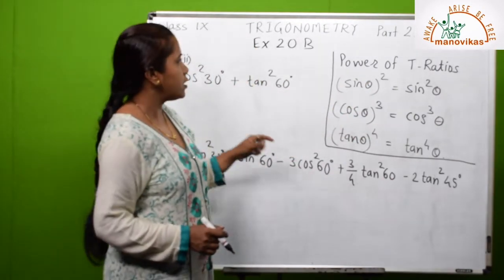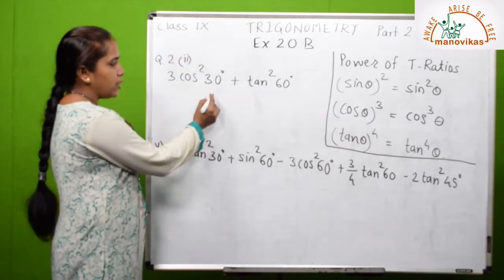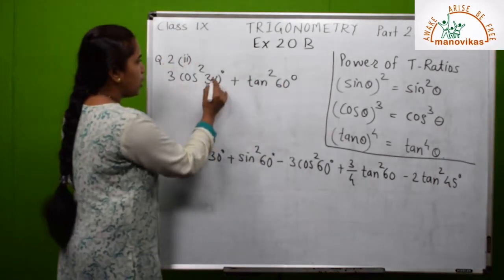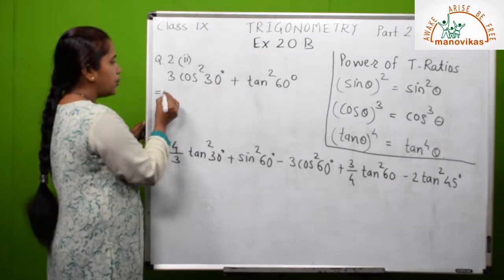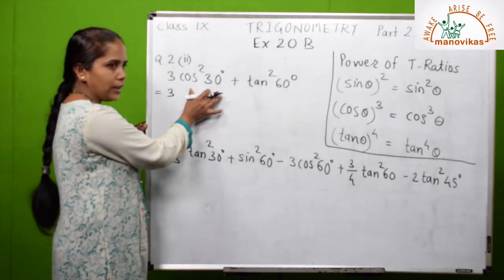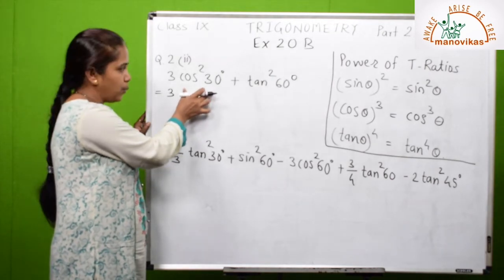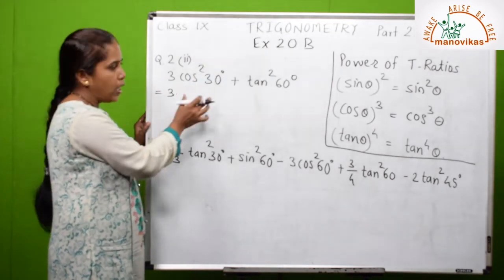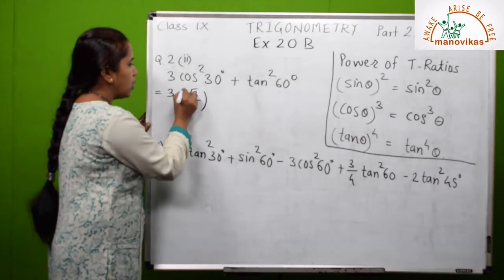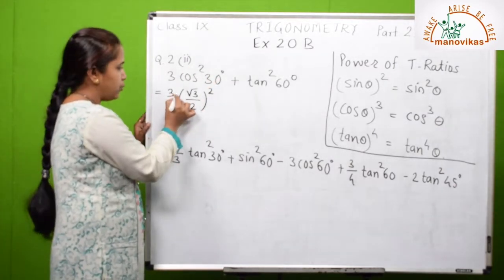Depending on this, there is a sum, question number 2, second sum: 2 cos square 30 degree plus tan square 60 degree. We have to find the value of this. Here cos square 30 degree means cos 30 degree square. We know the value of cos 30, substitute that and take the square of that. So cos 30 is root 3 upon 2, the square. This is the cos square 30 degree value.